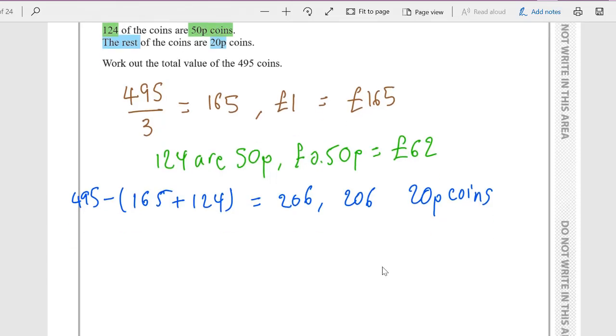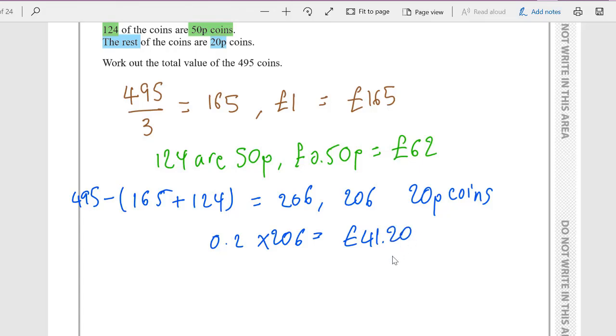So therefore 0.2 times 206 is going to be 41.2.